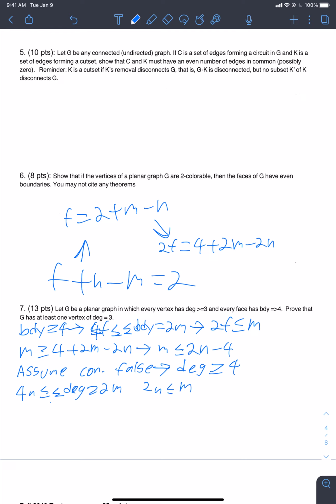So if we combine this with this, we get 2n is less than or equal to m is less than or equal to 2n minus 4. So 2n is less than or equal to 2n minus 4. So 0 is less than or equal to minus 4, which is obviously false. So since that's false, the assumption we made was false, so the original conclusion is true.